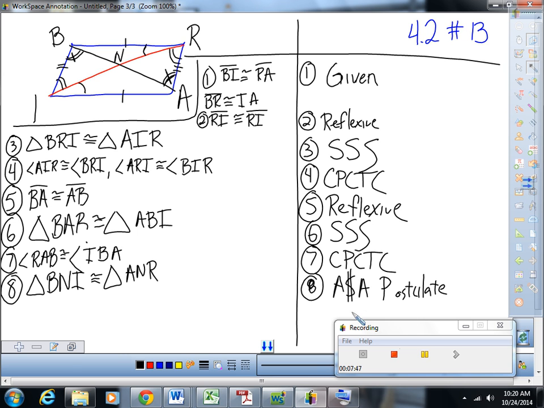Now I can say that NR is congruent to NI, and that NA is congruent to NB, by CPCTC.